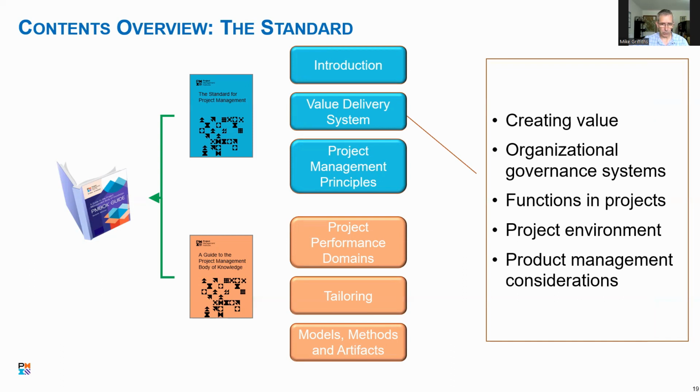Creating value, organizational governance systems, the functional projects, and also product management considerations. So in the appendix of the 7th edition, we've got a whole appendix section on product management, right? And we got some of the authors of the product management books.